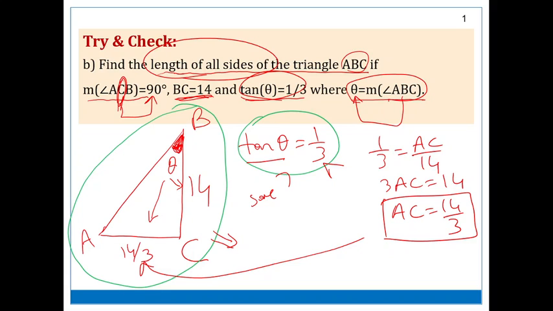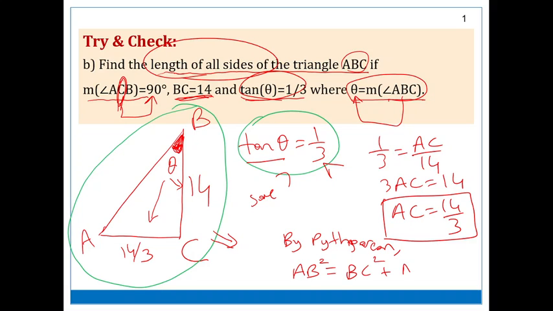Now how can you find AB? Now we can use Pythagorean. By Pythagorean, AB squared is equal to BC squared plus AC squared, and AB squared is equal to 14 squared plus 14 over 3 squared.